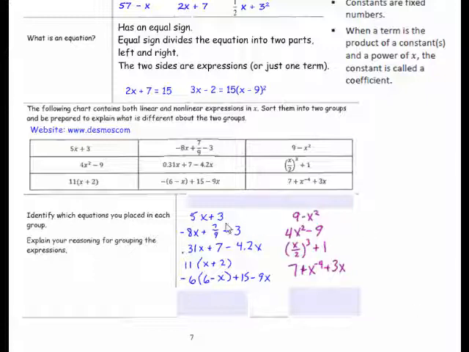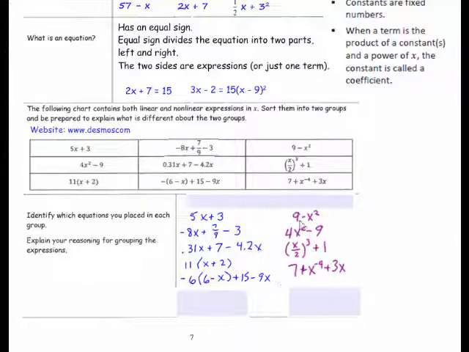I've separated my expressions into two groups. On this side, I have 5x plus 3, negative 8x plus 7 ninths minus 3, 0.31x plus 7 minus 4.2x, 11 times the quantity x plus 2, and negative 6 times the quantity 6 minus x plus 15 minus 9x.